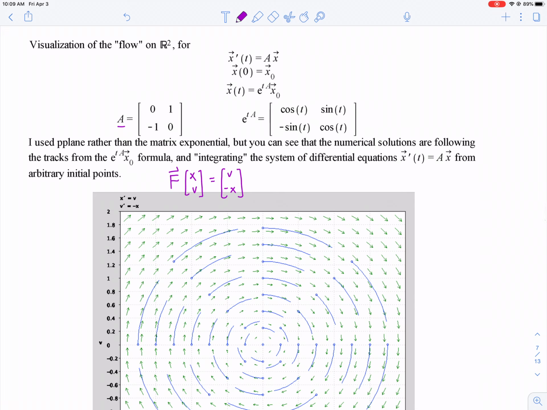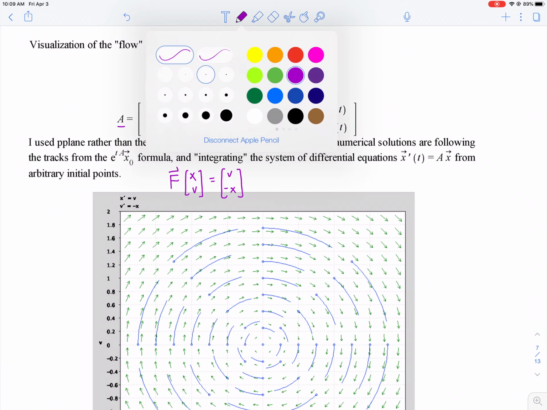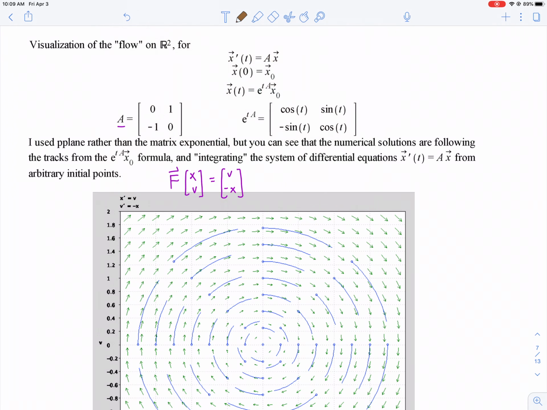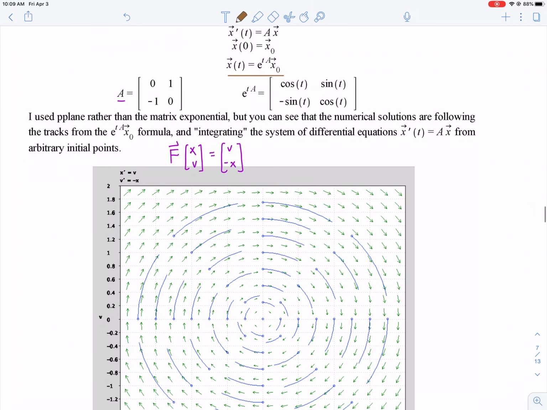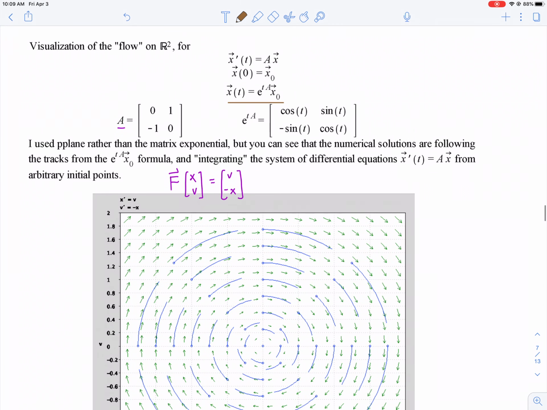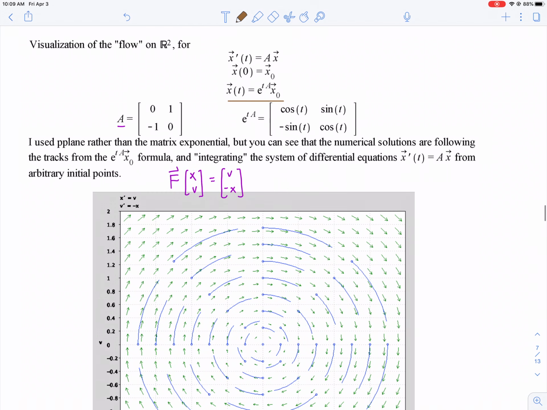It's perpendicular to the position vector x, v. And so if I think of this formula for the solutions to the first order systems that start at x naught, I can think of all of them at once. So all of the x naughts at once.